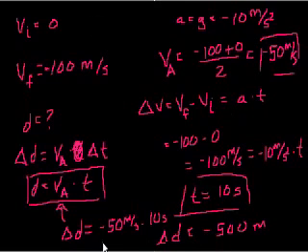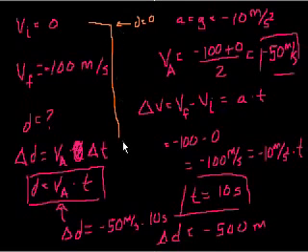So if we have a cliff, let me change color so that it looks like a cliff. So if we have a cliff, and we assume that this point right here is distance equal to 0, then the ground, if this cliff is 500 meters high, your final distance, df, is actually going to be at minus 500 meters.